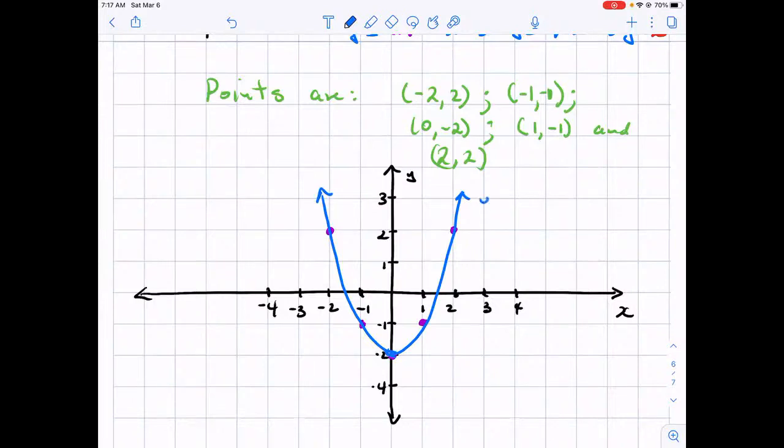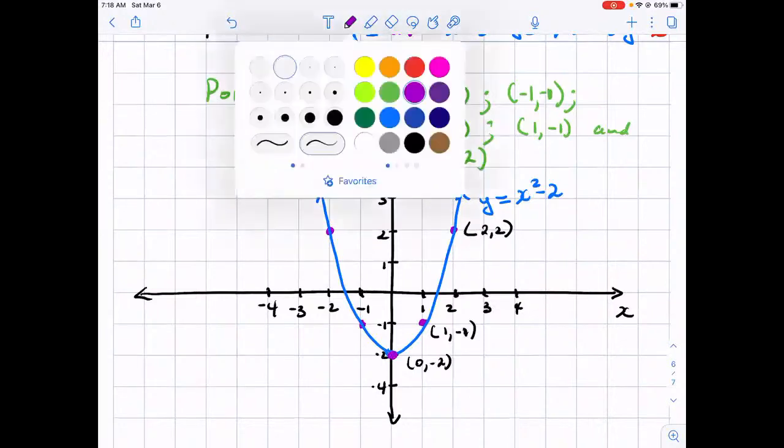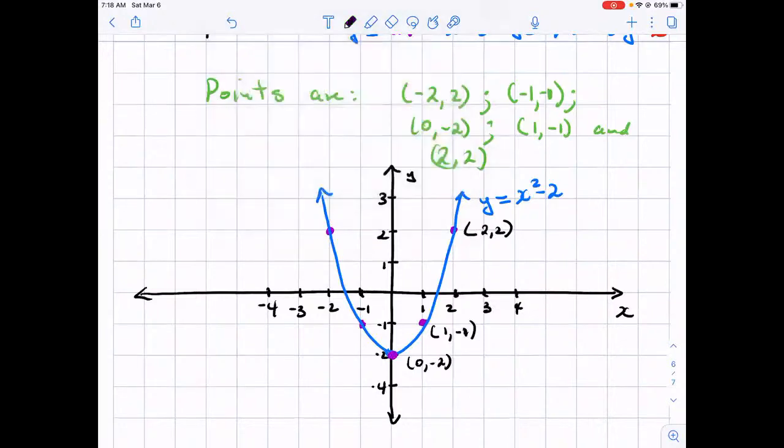So the equation here is y equals x squared minus 2. You don't have to write them in, but I'm just writing them to confirm that I didn't make a mistake. This is 2, comma 2. This is 1, comma minus 1. This one here was 0, comma minus 2, because there is a point there hidden. This one here is minus 1, minus 1. And this one here is minus 2, comma 2.